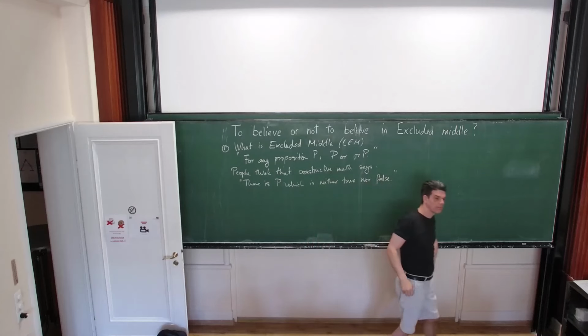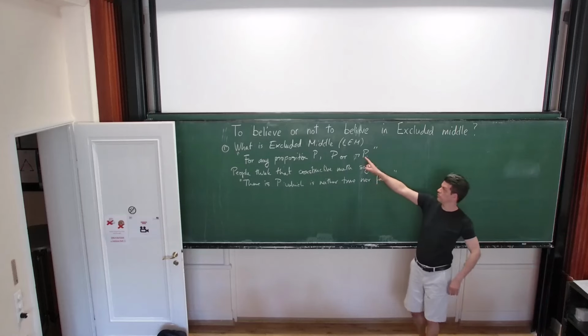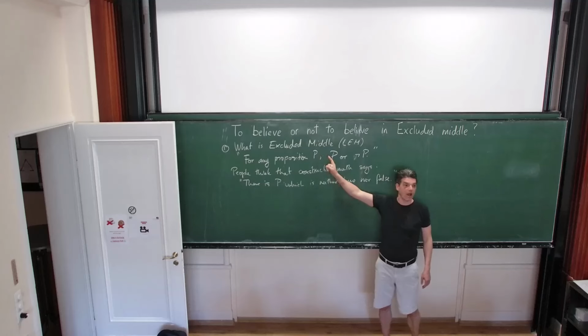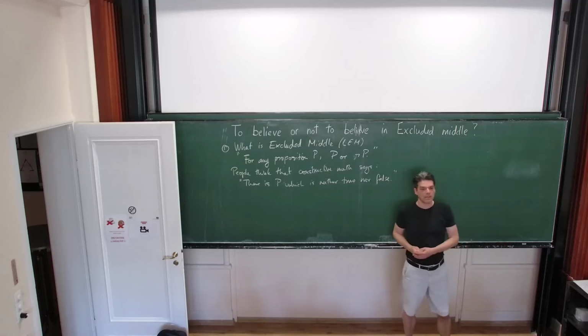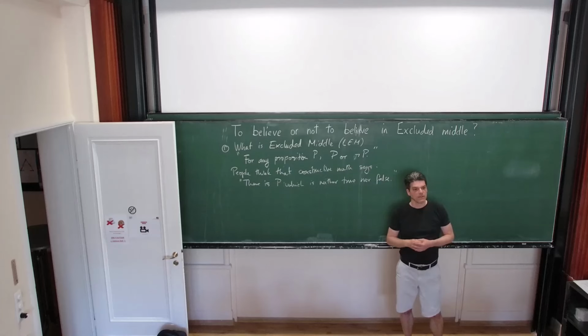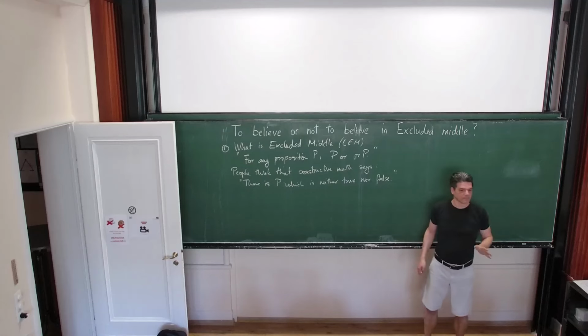That is a common misunderstanding. Somebody says we're not going to do this, and you jump to the conclusion that we're going to do that. Especially because the law of excluded middle is sometimes called the law of no third, that there is no third option. So somebody says I don't accept this, and you say, aha, you think there is a third option. Okay, so false. This is not what constructive mathematics is about.